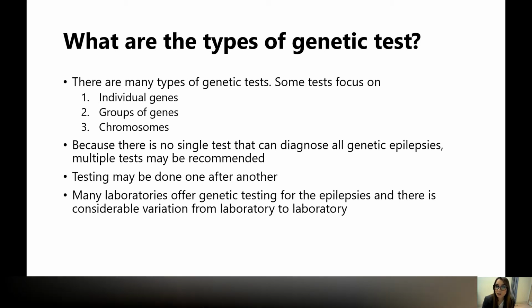And because there is no single test that can diagnose all genetic epilepsies, multiple tests might be recommended. So it's not uncommon for us to see one test being ordered after another, because as I said, there's not one specific one that's going to look at everything at the same time. And there's also considerable variation between the labs that will do these tests.